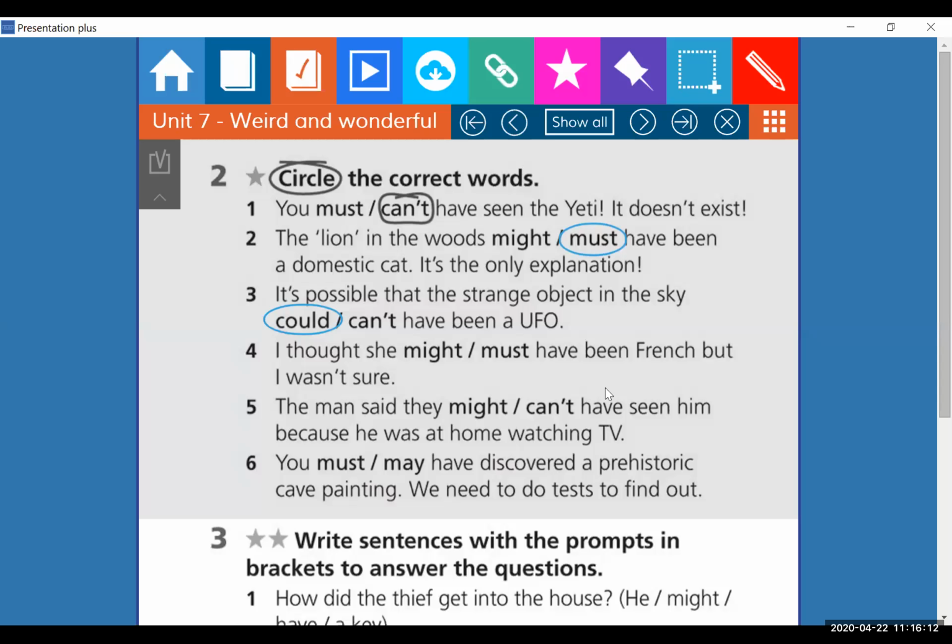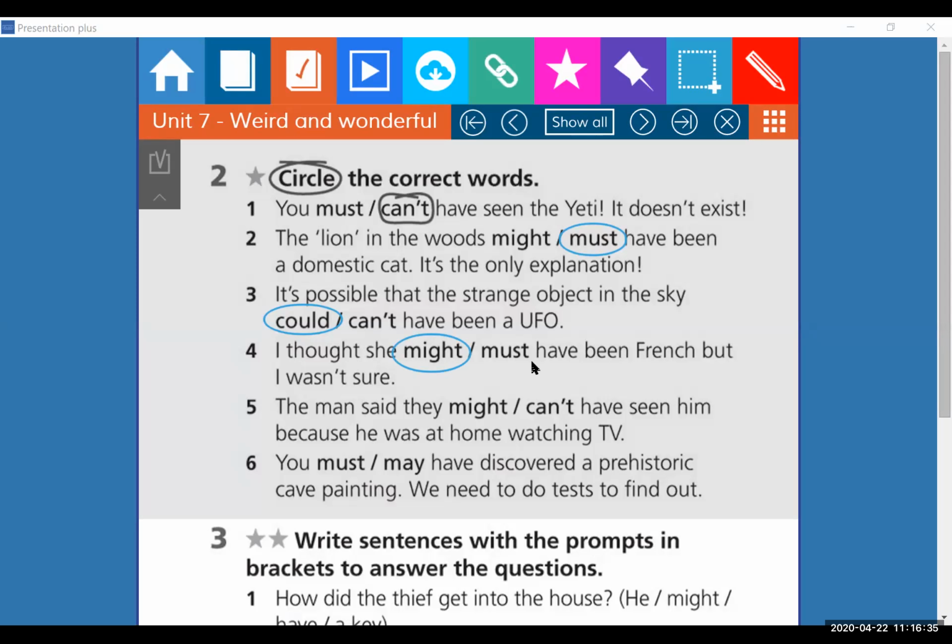I thought she might or must have been French, but I wasn't sure. Because I wasn't sure, yes, as some suggested, might is the answer. The fifth one: the man said they might or can't have seen him because he was at home watching TV.